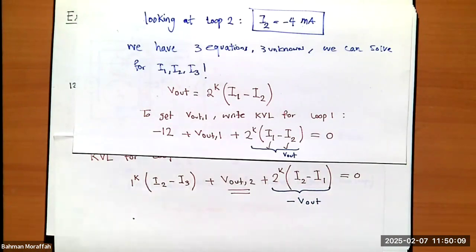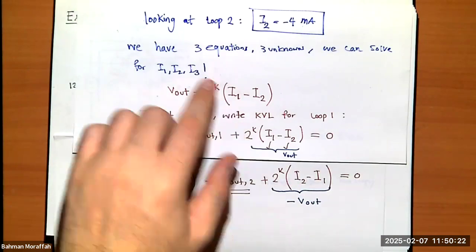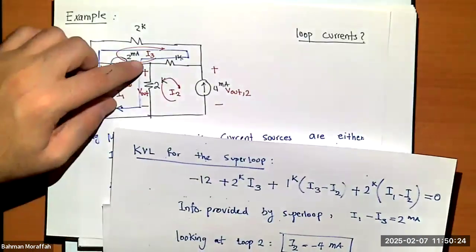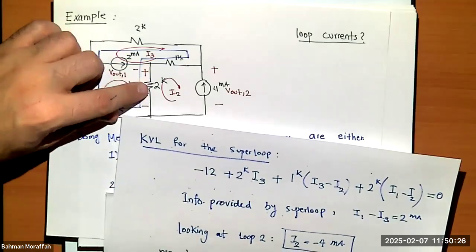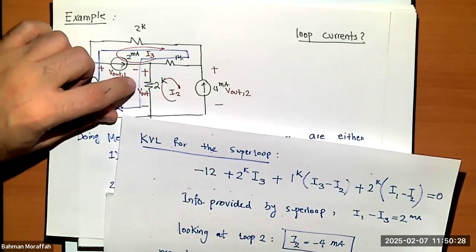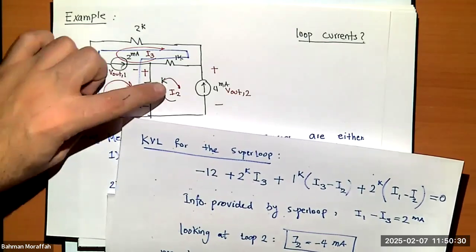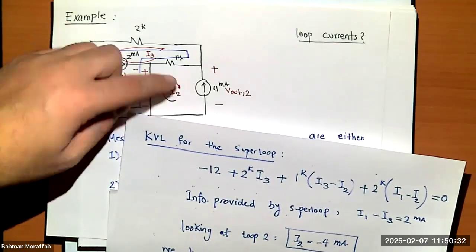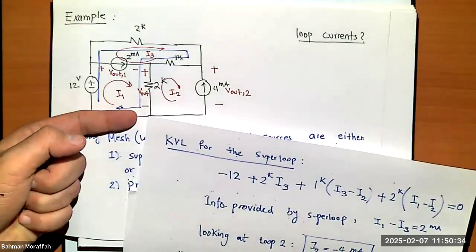So what is the point here? The point here is that as long as I stick to the directions that are already assigned, the math will work out. So if I know this is Vout with this direction, Vout is 2K times I1 minus I2. But if I go this direction, this is going to be negative Vout.